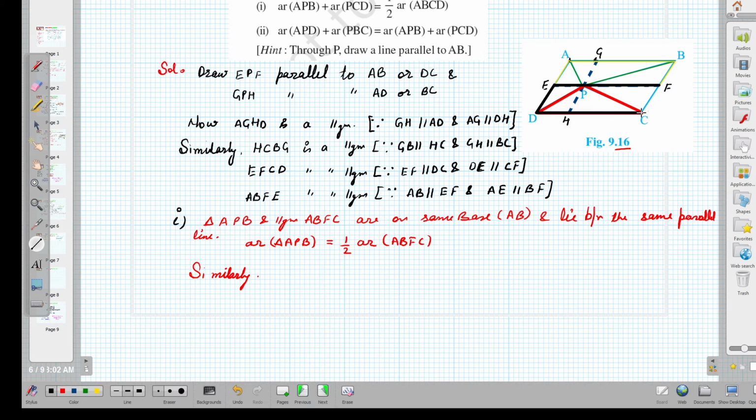So these two are on the same base and between the same parallel lines.